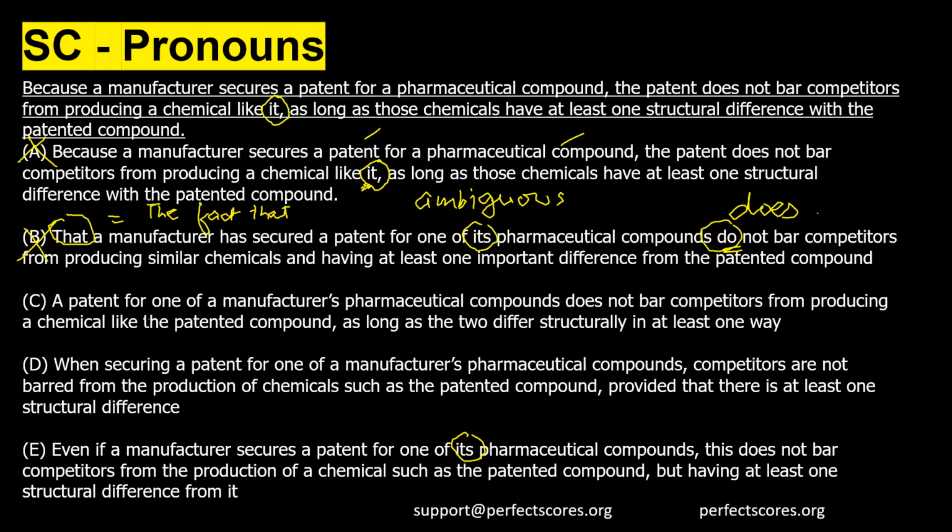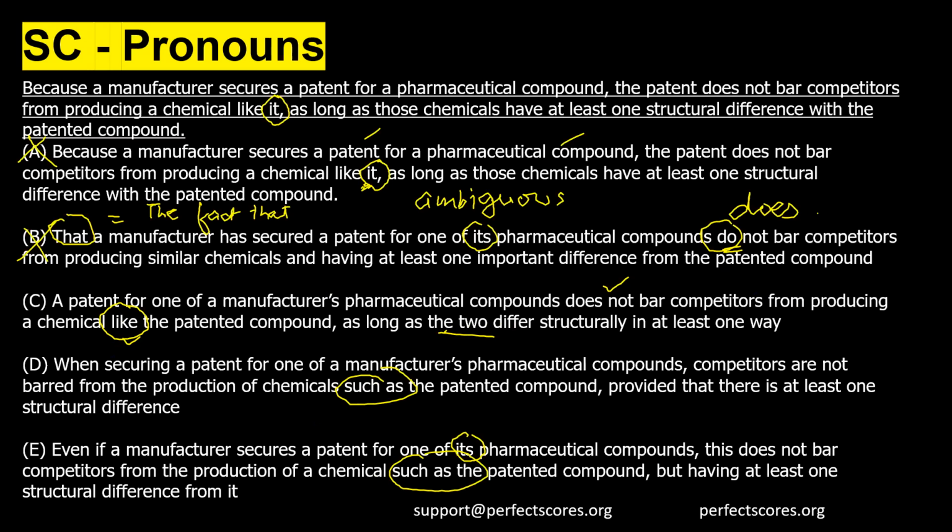Option C, a patent for one of a manufacturer's pharmaceutical compounds does not bar competitors from producing a chemical like the patented compound, as long as the two differ structurally in at least one way. This seems fine. Now, there is one difference between C and D, E, which is the difference between like and such as.